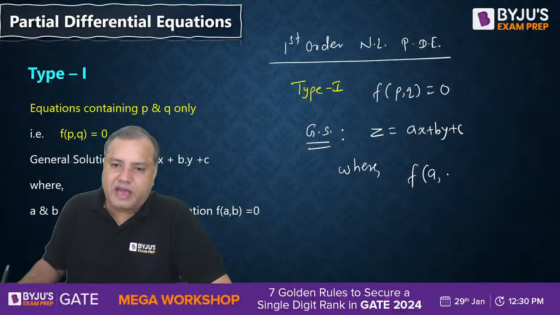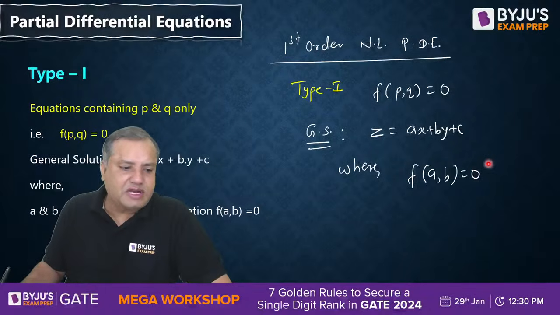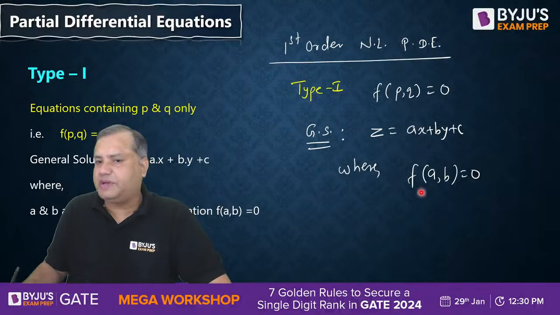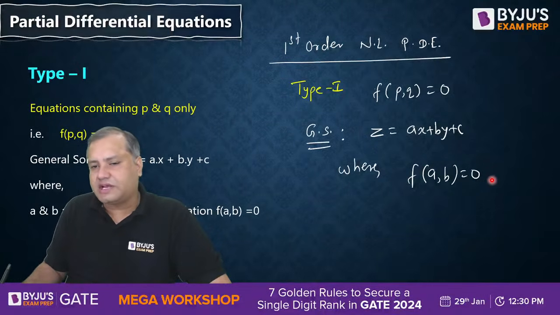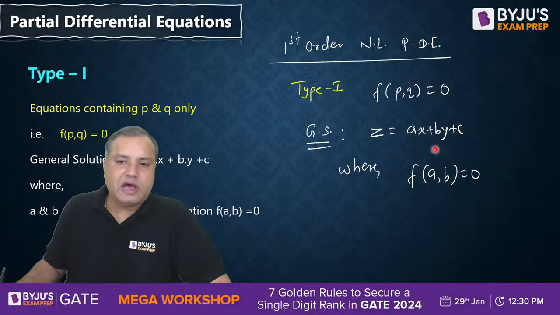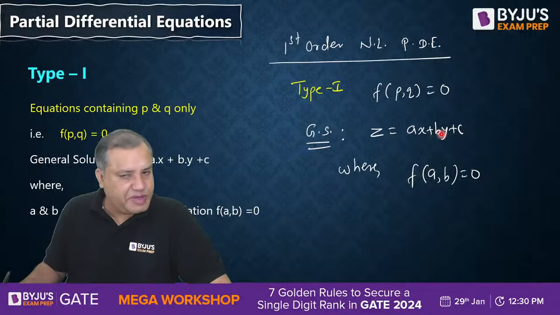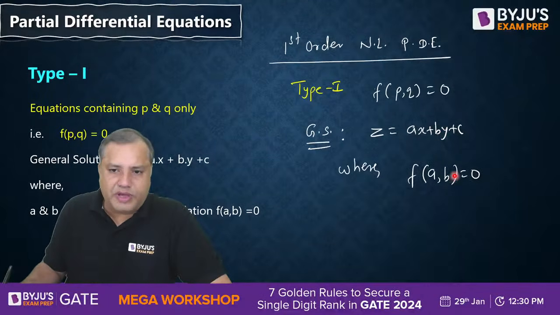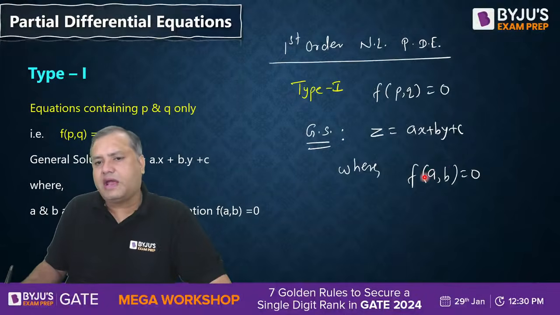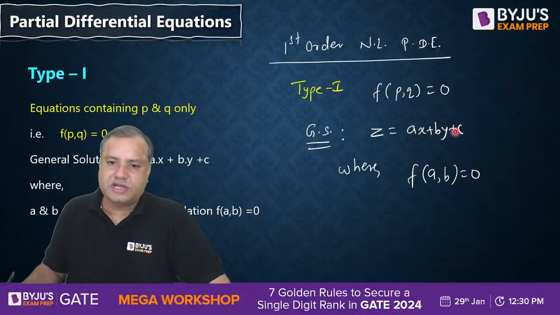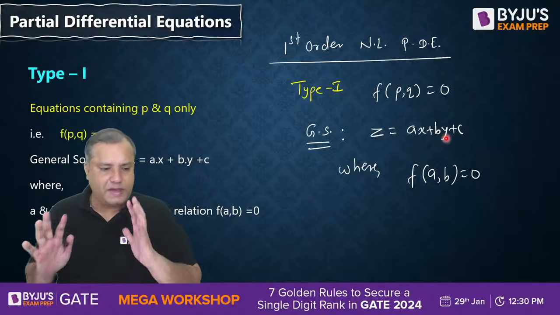Replace p by a, replace q by b. You will get one more relation, but this time in terms of a and b. So this relation is relating arbitrary constants a and b. You can find out b in terms of a or a in terms of b and replace any one arbitrary constant here in the general solution.